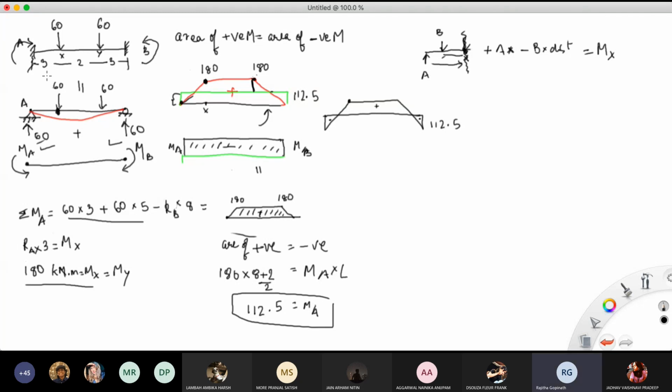Okay? What I was saying now is that if this is 180, which is from here to here, this total is 180, and this much is 112.5. What we are interested in finding is this one, right? So that is going to be 180 minus 112.5, which is 67.5.